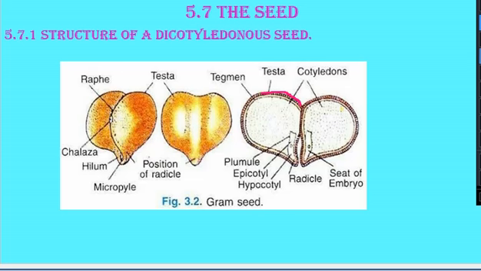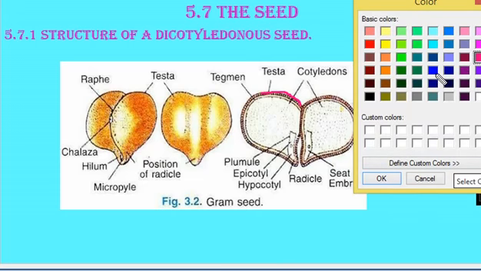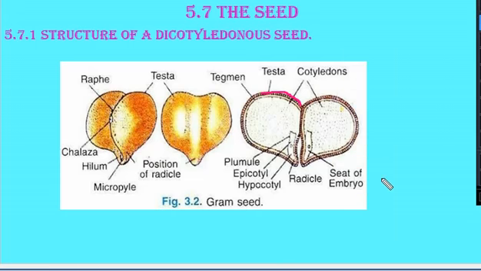Here there is another covering, this is the inner tegmen. Remember dear students, the seed coat consists of outer testa and inner tegmen. This is the tegmen, whereas this is the testa.